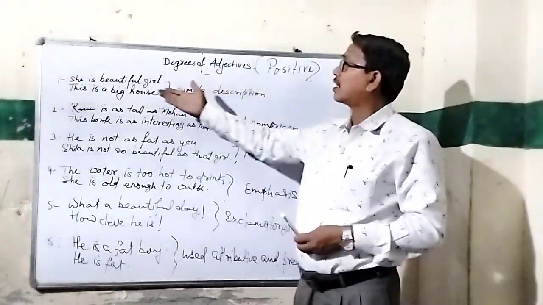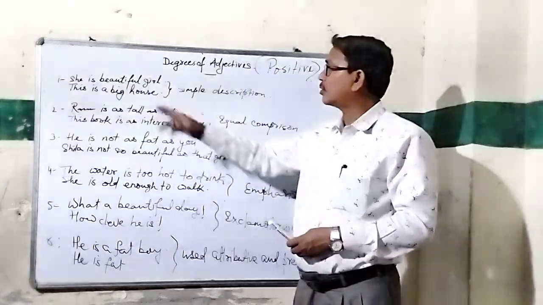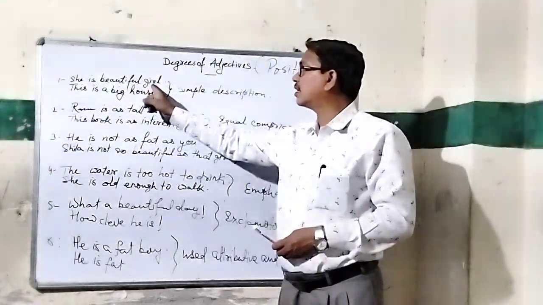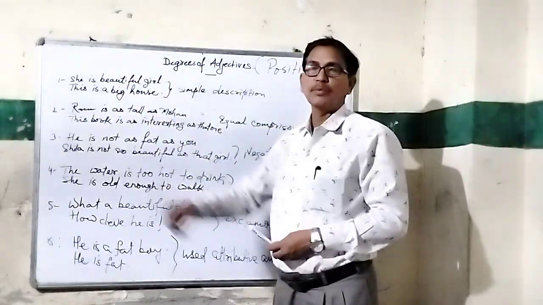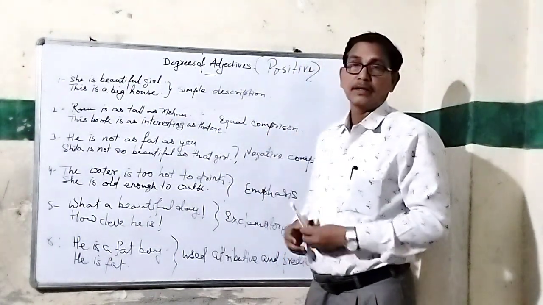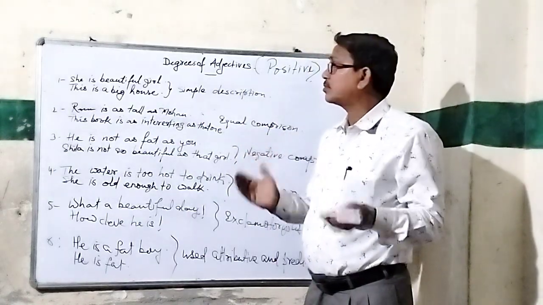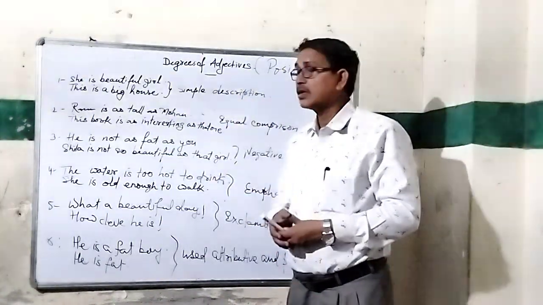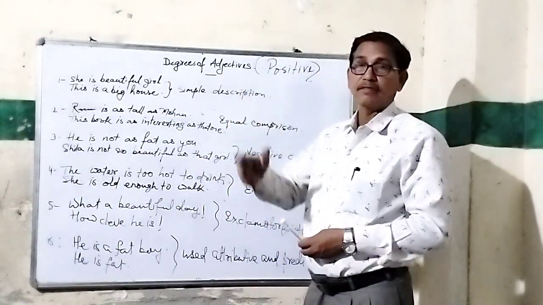So here is one example: she is a beautiful girl. In this sentence, this girl is being described with the help of the adjective beautiful, which is in positive degree. I am not using more beautiful or the most beautiful. If I say that she is more beautiful than Sita or Gita, that will be comparative.